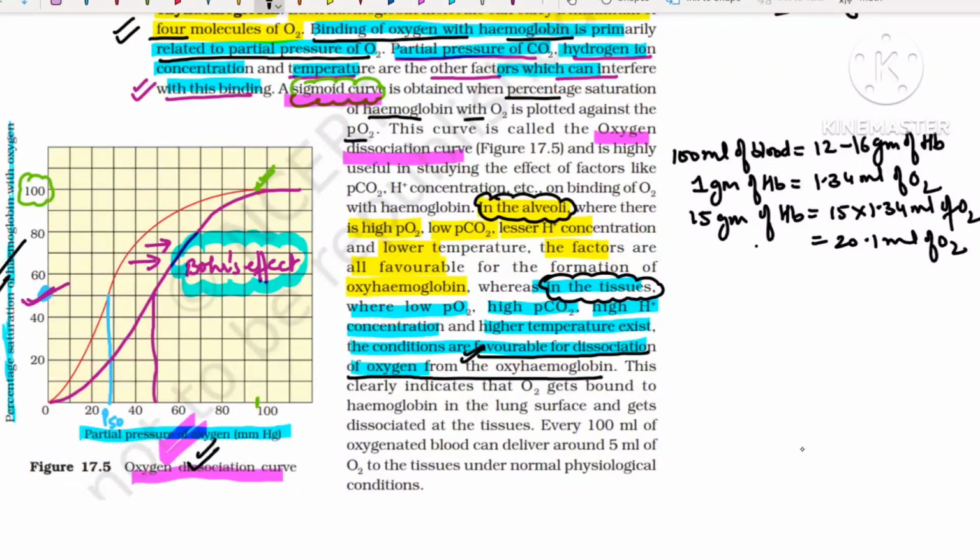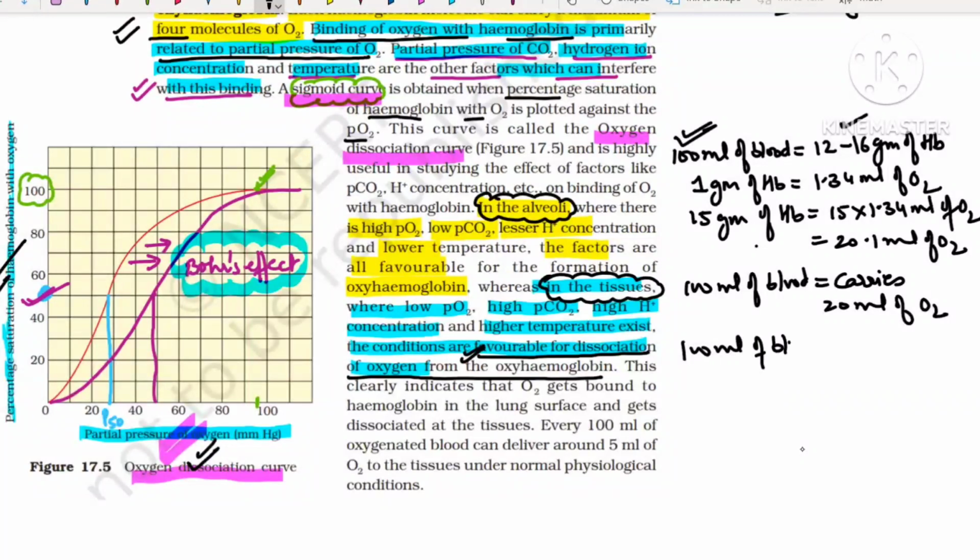The 15 gram of hemoglobin will carry 20 ml of oxygen, and 100 ml of blood has 15 gram of hemoglobin. So can I say 100 ml of blood will carry 20 ml of oxygen. Clear? And 100 ml of blood under normal condition will deliver only 5 ml of oxygen to the tissues.